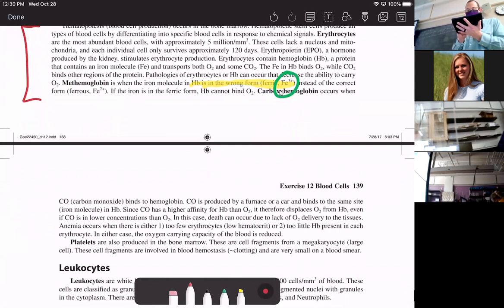Okay. Last one, and this is super nasty for red blood cells, carboxyhemoglobin. This is when carbon monoxide shows up, and carbon monoxide is way better chemically at binding your red blood cells than oxygen is, and it takes oxygen's spot. Just kicks it right off.